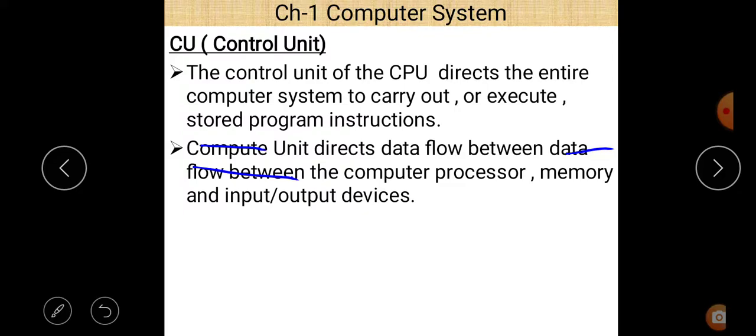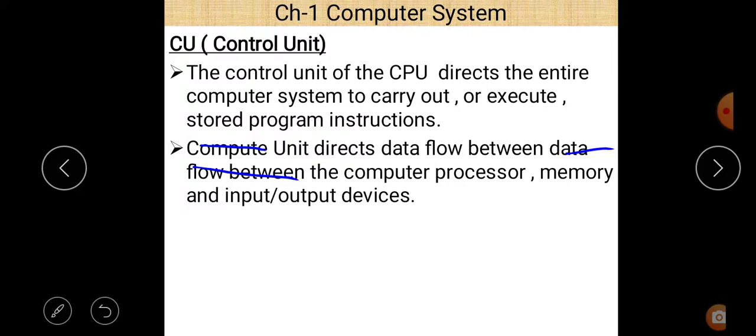In short, we can say that the control unit controls the entire computer system, and it basically directs data flow between the different parts of a computer system, and these parts are the computer processor, meaning CPU, memory, and input output devices.